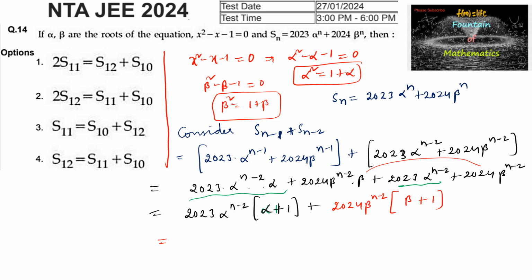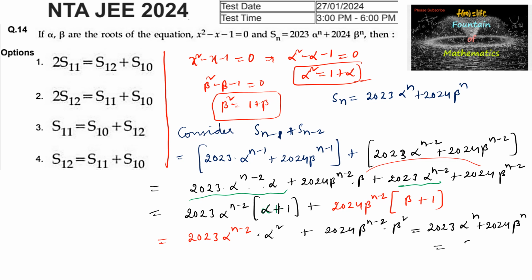So we know that alpha plus 1 is equal to alpha square. So we can write 2023 alpha power n minus 2 into alpha square plus 2024 beta to the power of n minus 2 into beta square, which is equal to 2023 alpha to the power of n plus 2024 beta to the power of n, which is nothing but your Sn. So finally we got Sn minus 1 plus Sn minus 2 is equal to Sn.